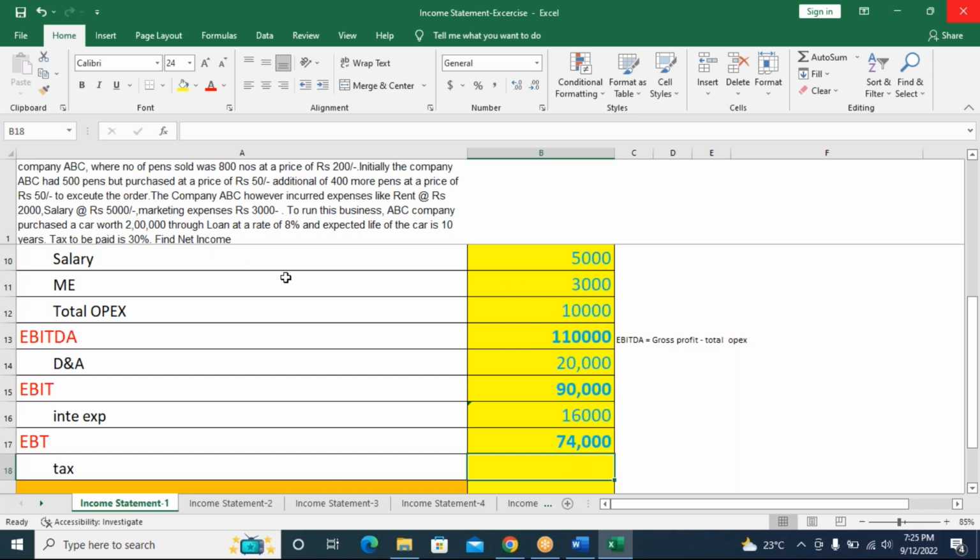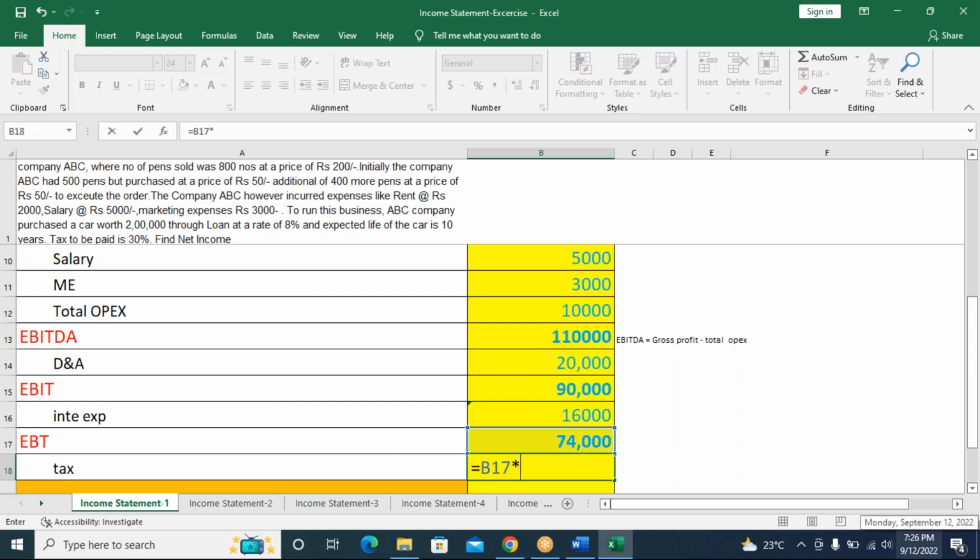Now what is the amount of tax I am paying? What's the percentage of tax? 30%. It will be paid on earning before tax, meaning the 74,000.